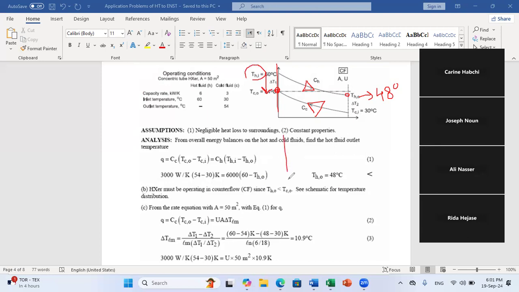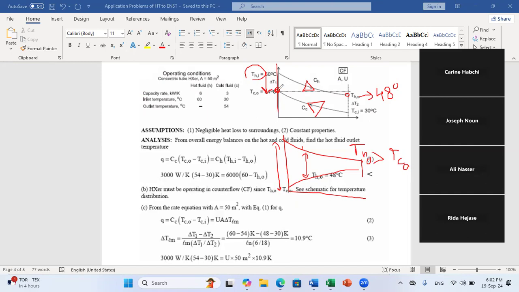While if you draw the parallel configuration, then you have the same direction for both flows. Then you will have a high delta T first, and this delta T will be reduced as you go through the heat exchanger, and always you will maintain a hot temperature larger than T cold. So of course, at the outlet section, T hot out is larger than T cold out.